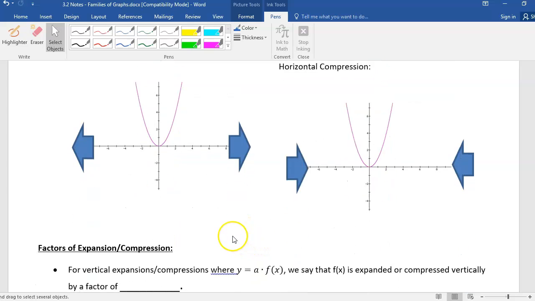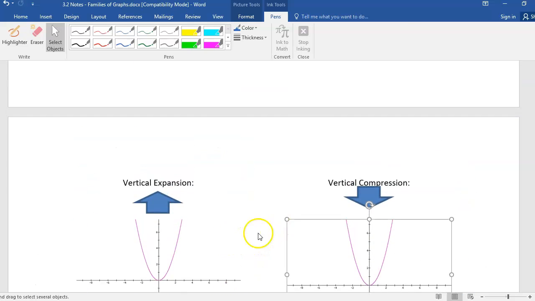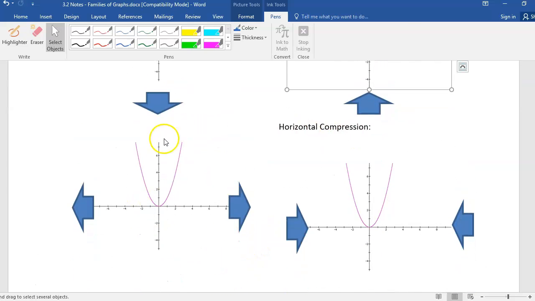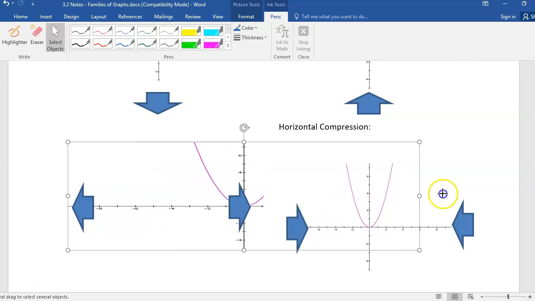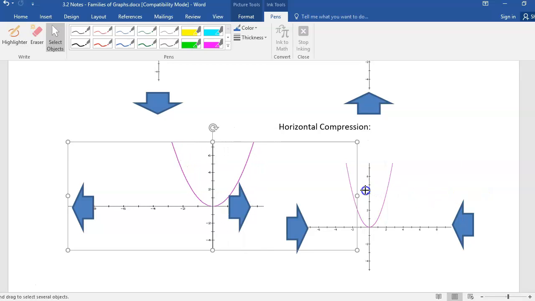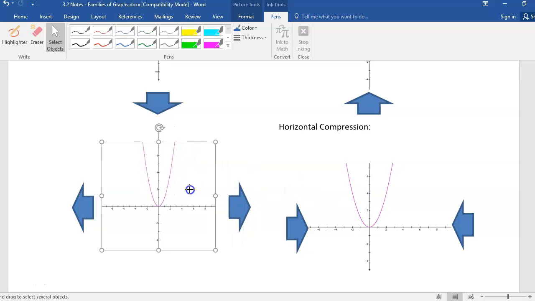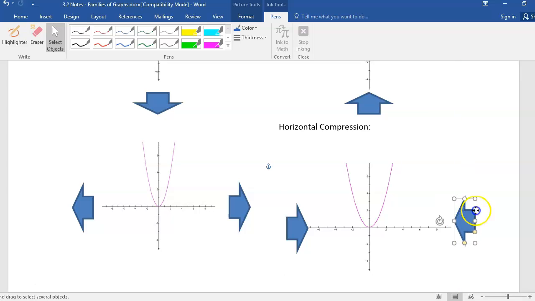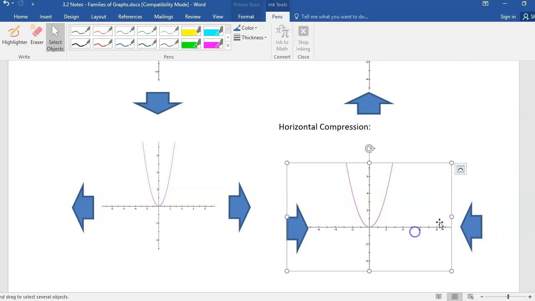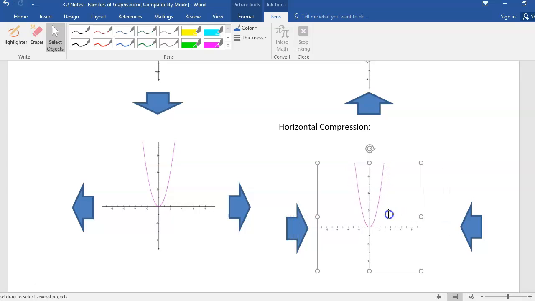Then you also have, I think I've messed up this. So if you have horizontal expansion, you stretch it out, and as you stretch it, it makes the graph look wider. And then if you have a horizontal compression, you would squish the graph in.